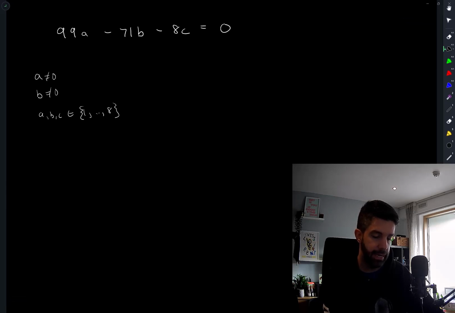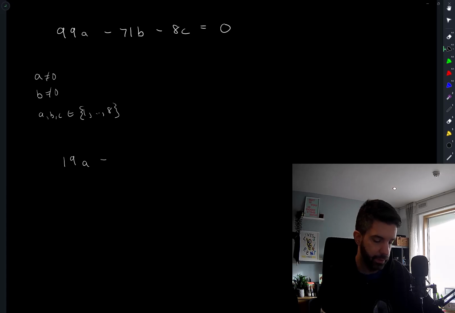So if I mod 8 here, I get 19A minus 71B. 99 is the same as 80 plus 19, so this can be simplified further, of course.